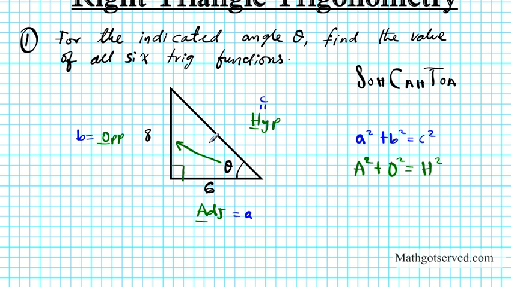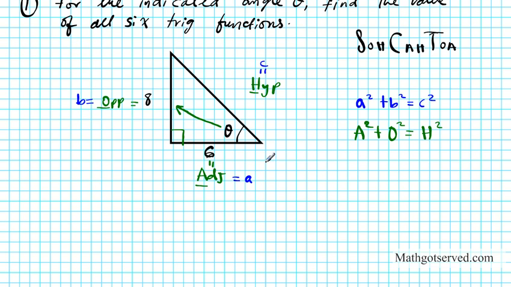Now we're looking for the hypotenuse because we know that the opposite is 8 and the adjacent is 6. So we're going to put these two values into our new Pythagorean theorem and then find out what H is.